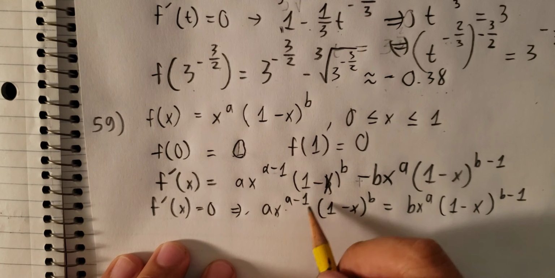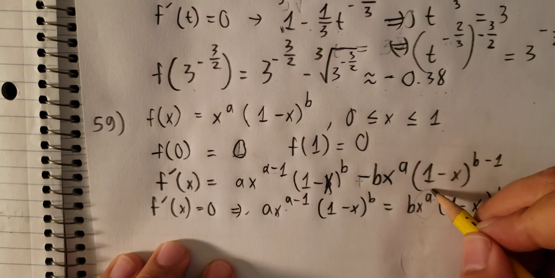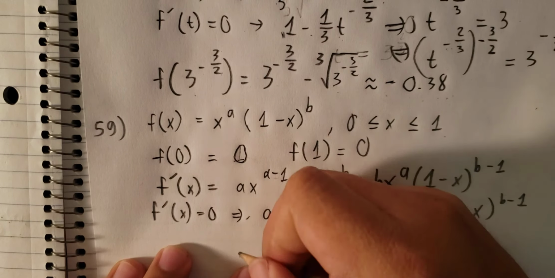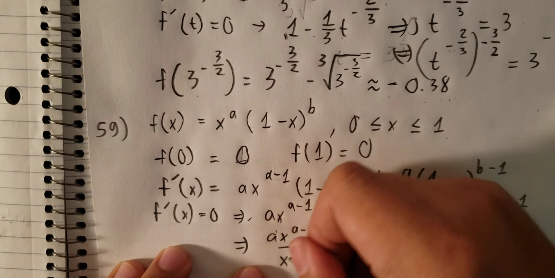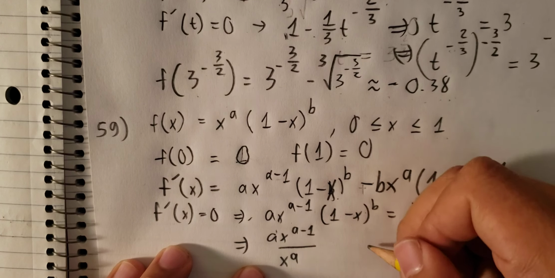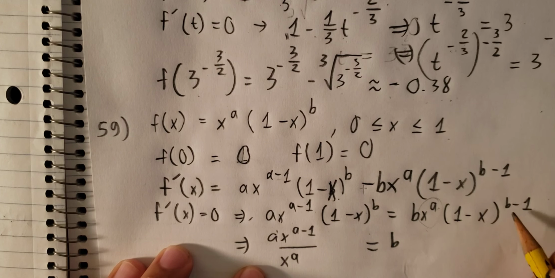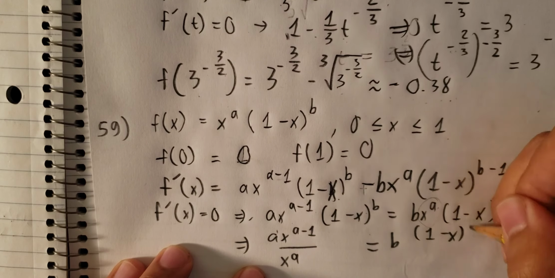S to the power a minus 1 and s to the power a, this one is higher, so you put s to the power a here. And we have 1 minus s to the power b and b minus 1.